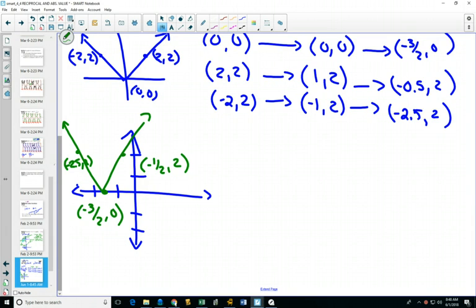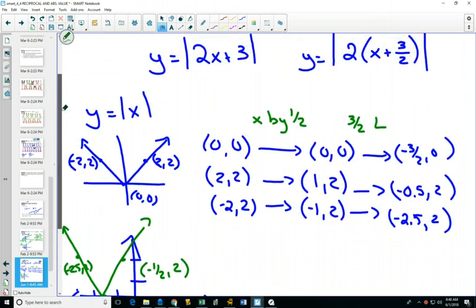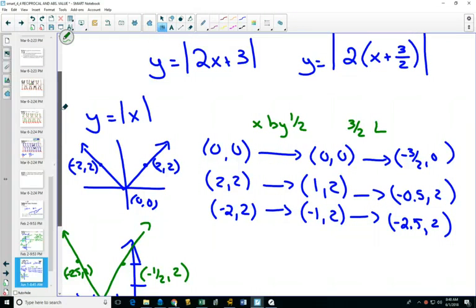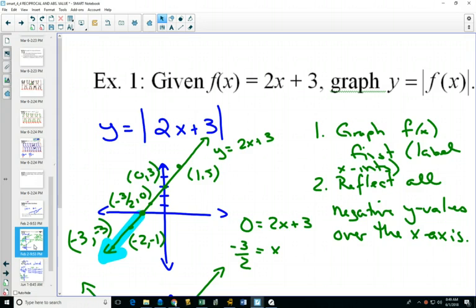And with the transformations unit, because we had to factor and remember that idea, and because our translation is 1.5 to the left, we end up with a lot of fractions, as compared to this new technique, which says graph the inside function first, and then whatever's negative, flip it up over the x-axis.